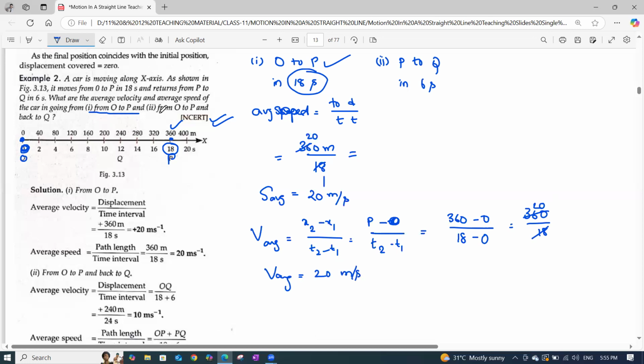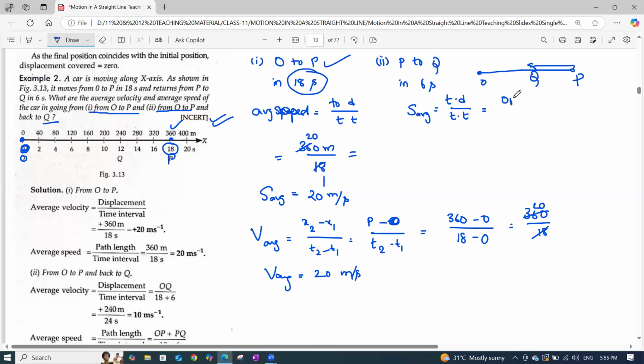Then what is the next condition? O to P and back to Q. So the body is moving from O to P. Again, it is moving back to Q. Now we have to find out average speed and average velocity. S avg, average speed, is equal to, we know the formula, total distance traveled by the body upon total time taken. Now what is the total distance?